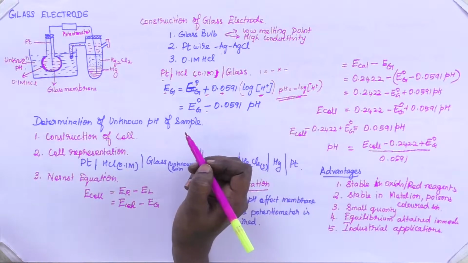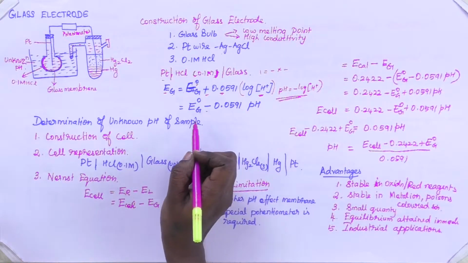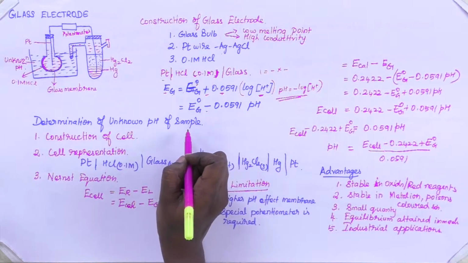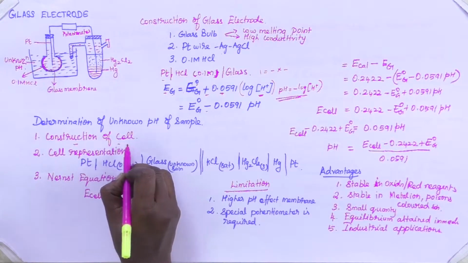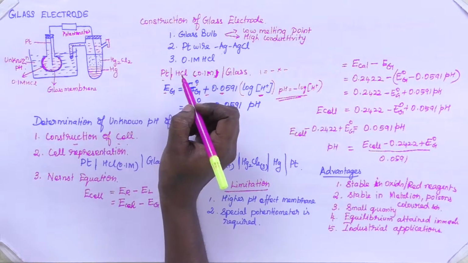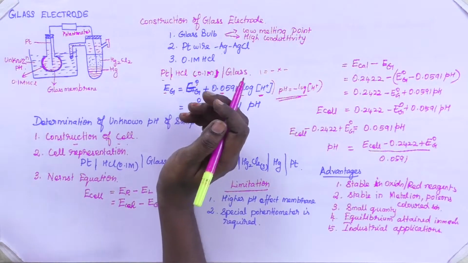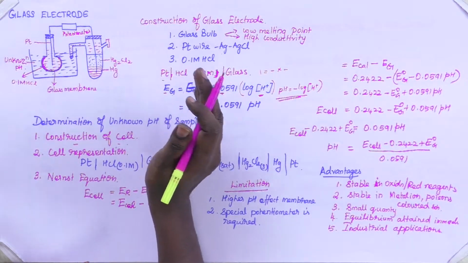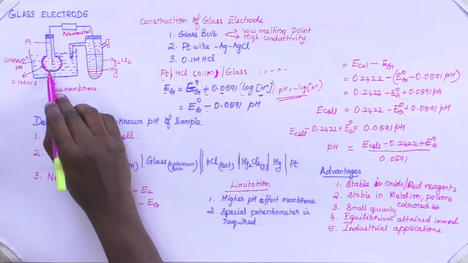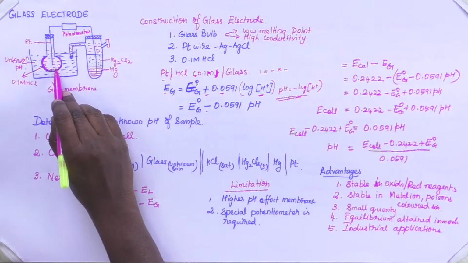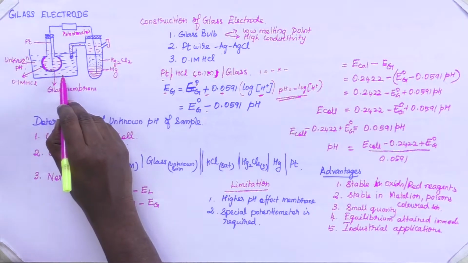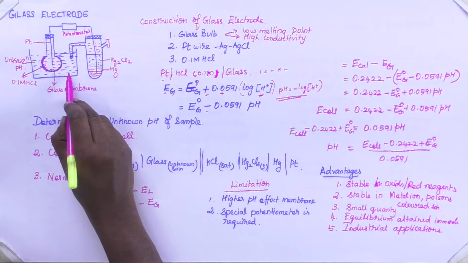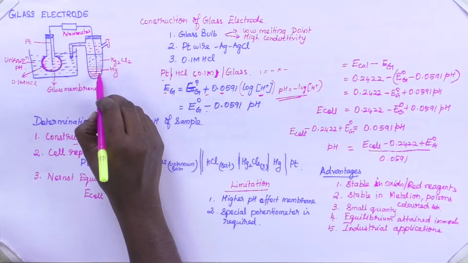So how can we use this glass electrode for the determination of a sample solution? First we are going to see the construction of the cell. For the determination of a potential, we need both electrodes, anode and cathode. Here the glass electrode is placed in a beaker which contains the sample solution to be measured, and it is combined with the calomel electrode.